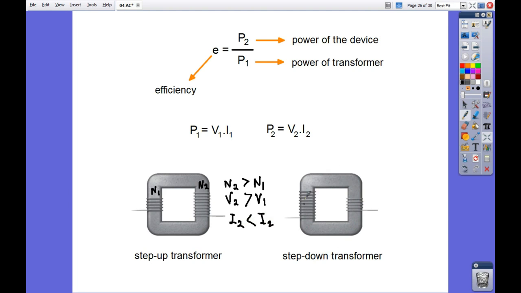The second type of transformer is the step-down transformer. The number of turns in the secondary is less than in the primary, and the voltage becomes lower, but the current increases.